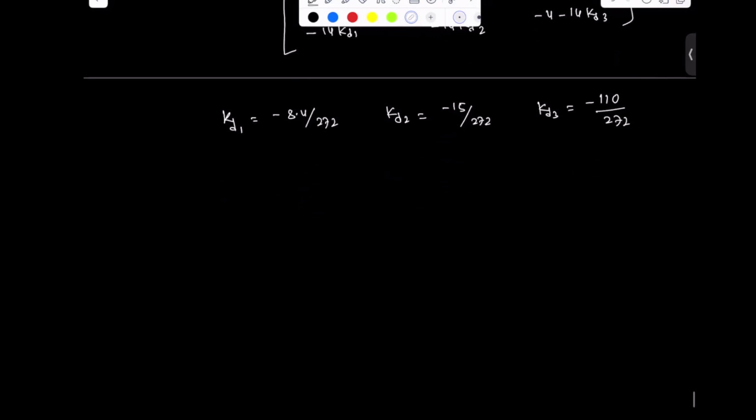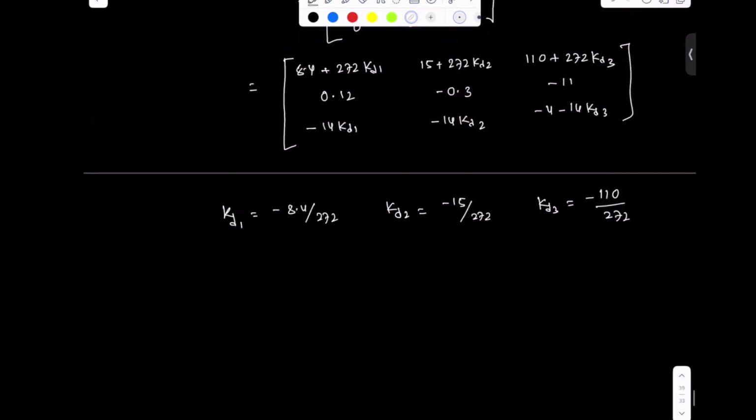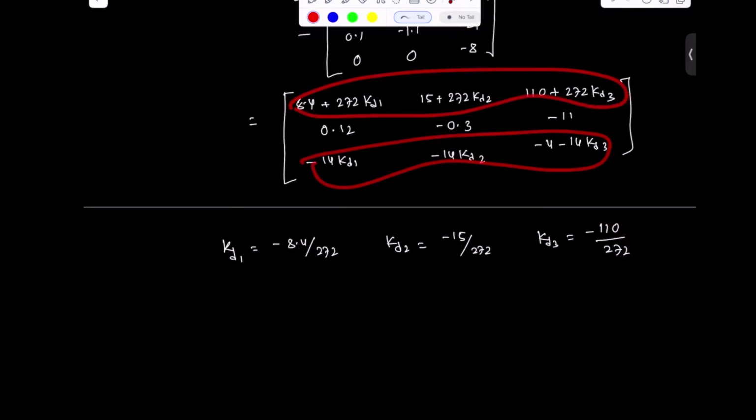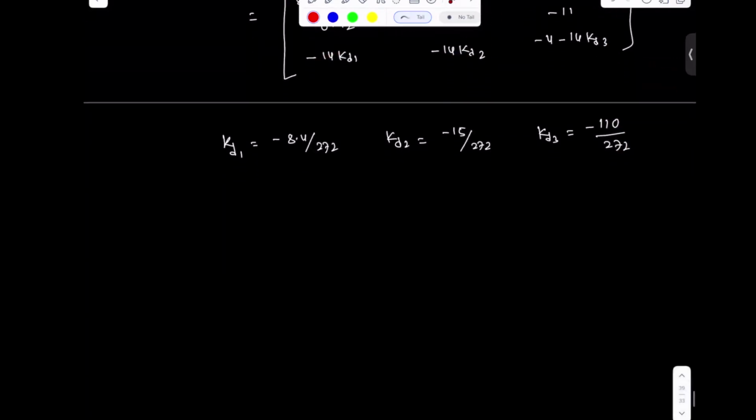Right. So finally, if you substitute these values, this first row will go to 0, but the last row will not have 0 terms.